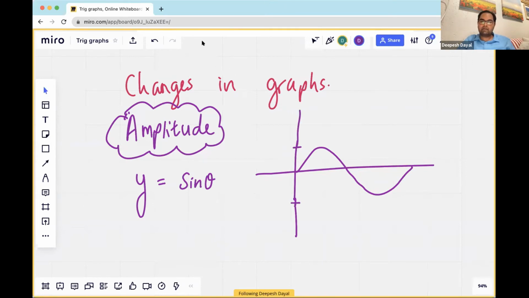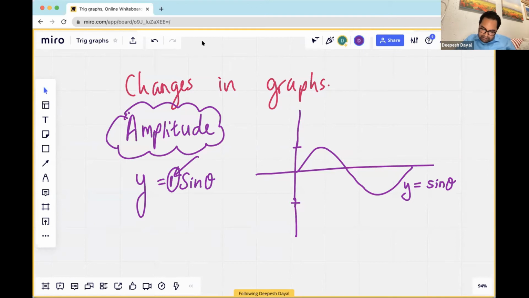Yes, it was 1, right? So that's the original. This is y equals sine theta. The change in amplitude is documented by what is in front of the sine here. And in this case, we have 1. That's why its amplitude is 1, but we don't really show the 1, but there's a 1 there, right?